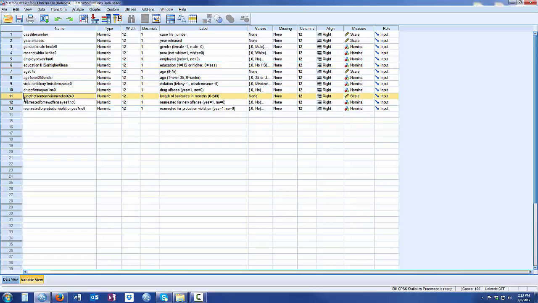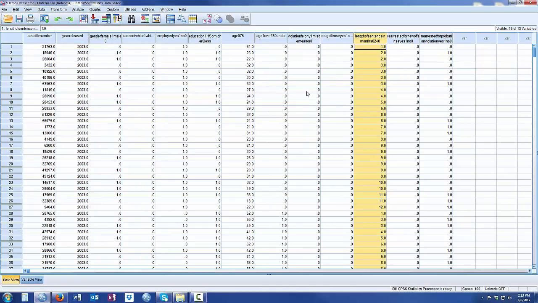My length of sentence is measured in months, and it ranges from 0 to 240, so that is essentially 0 to 20 years.